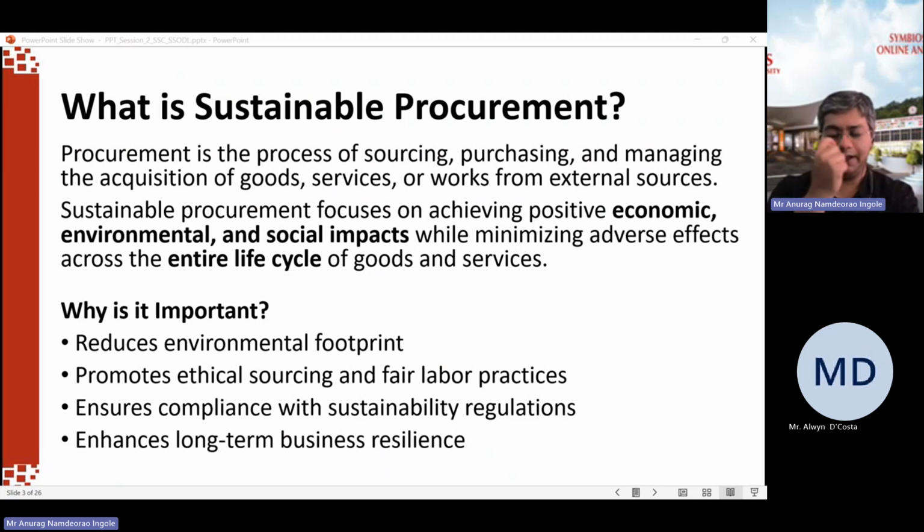The recent supply chain disruption that we all know was during the COVID-19 time, where the entire global supply chain was disrupted because of lockdowns, because of lack of transport, factories getting shut down, etc. So business resilience means in the face of such disruptions, maybe because of some pandemic or epidemic, maybe due to some kind of geopolitical issues such as wars, etc. But with sustainable procurement, you would be in a better position to face such supply chain disruptions.